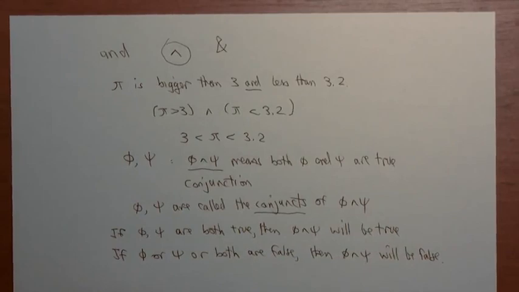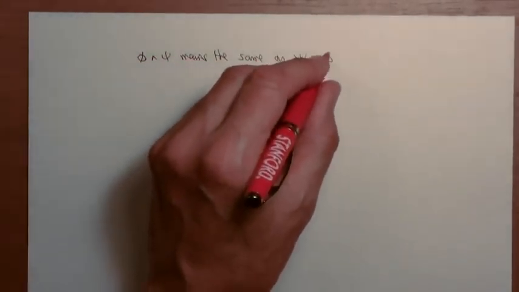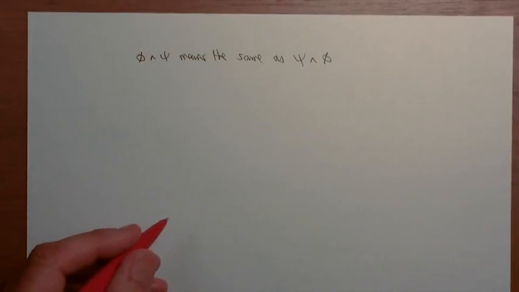This might seem very self-evident and trivial, but already this definition leads to a rather surprising conclusion. And here it is. According to our definition, phi and psi means the same as psi and phi. They both mean that phi and psi are both true. In mathematical parlance, conjunction is commutative.